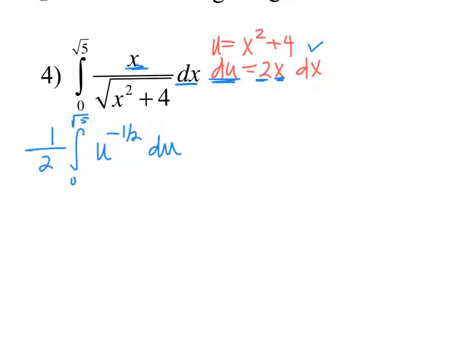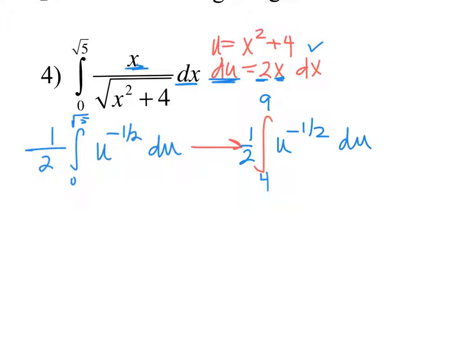We can change the bounds if we want, and integrate from u equals x squared plus 4. Instead of 0, it's 0 squared plus 4, so that'll be from 4 to square root of 5 squared plus 4, so from 4 to 9 of u to the negative 1/2 du.